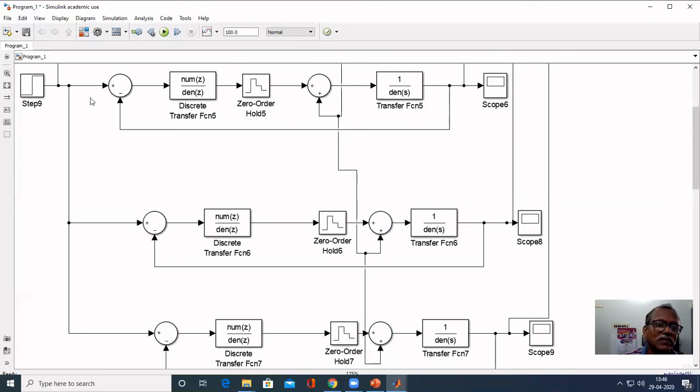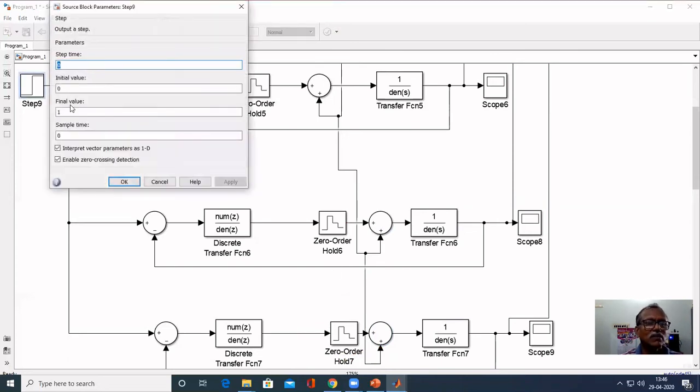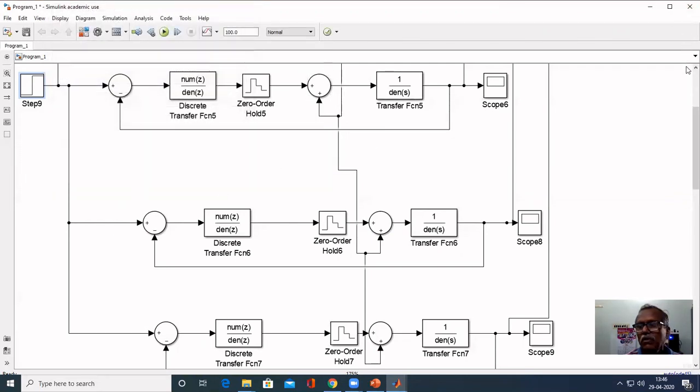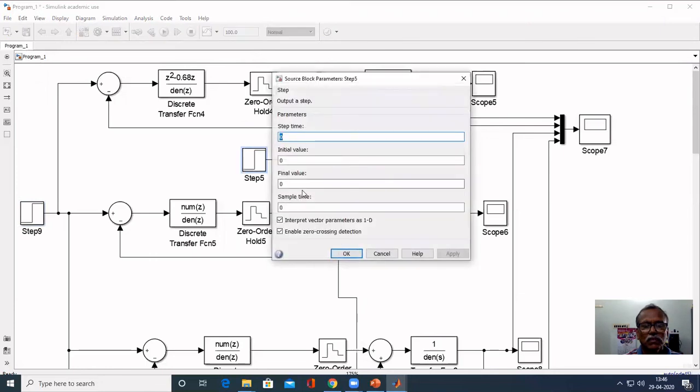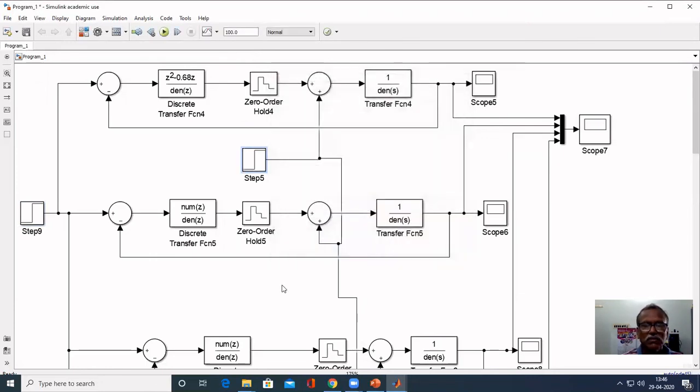Load changes given. Now let us make servo equal to 0, and let us give a load change. Final value 1. We are giving a positive load change. So see the response.